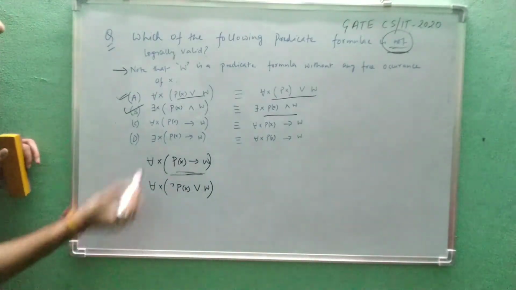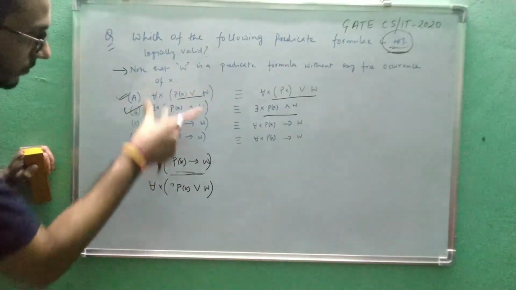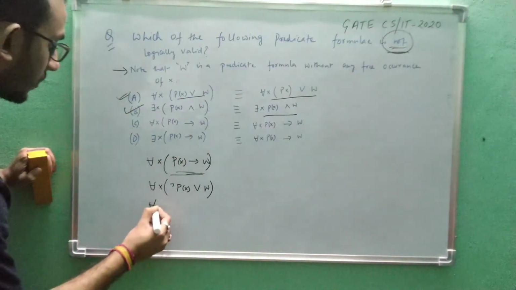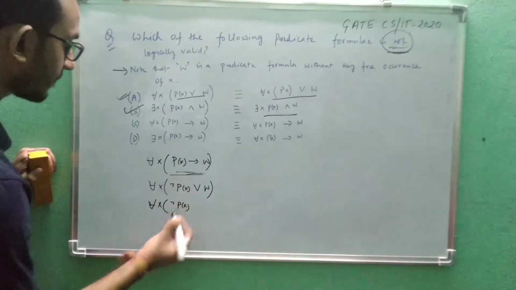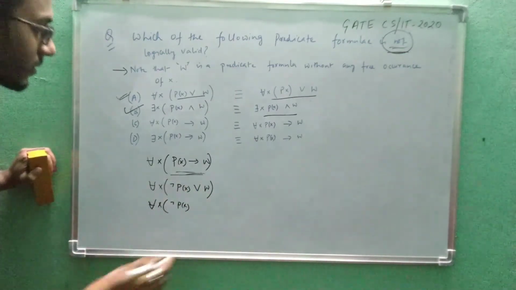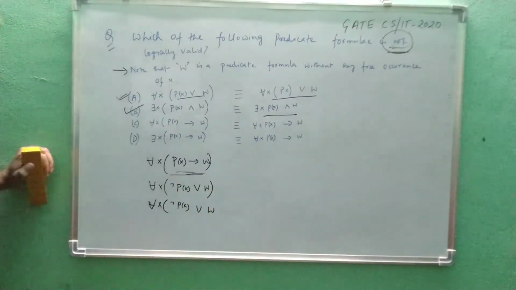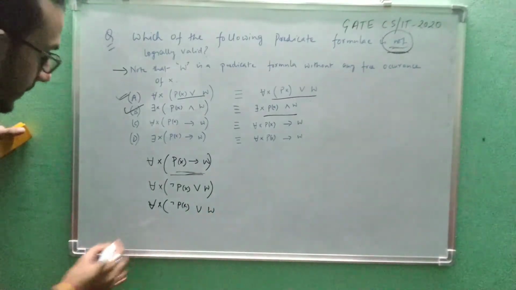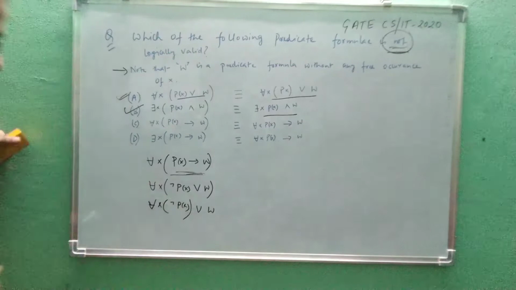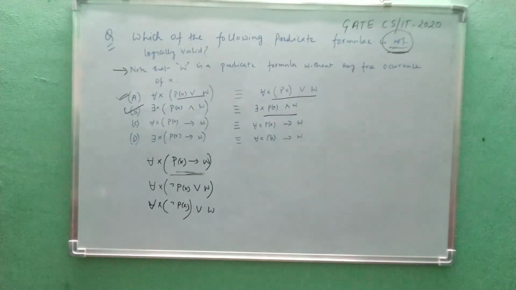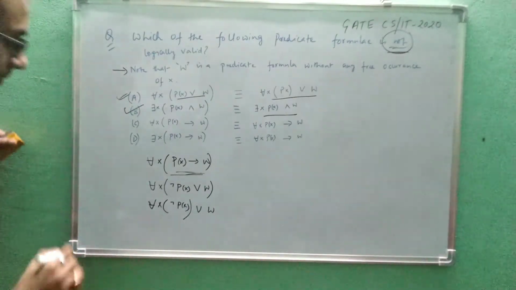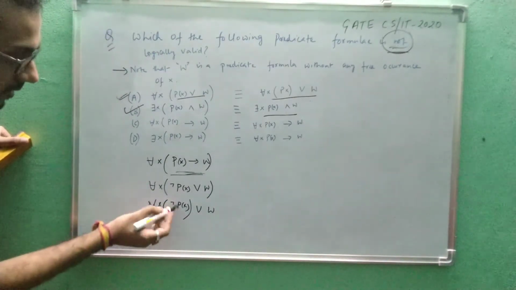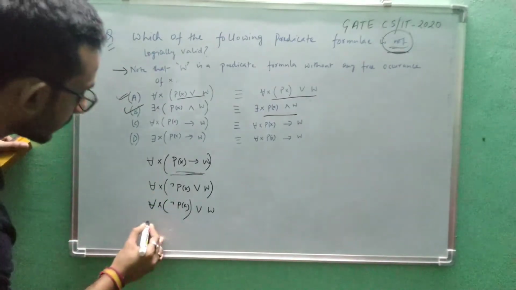Now similarly, like the one we have done, we'll try to split it. For all X, not of P of X. Again, W is not dependent on X, so it will be independent of what it is. Now, if we just bring this not outside, we also know this thing.